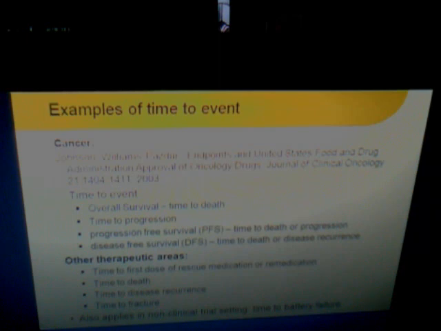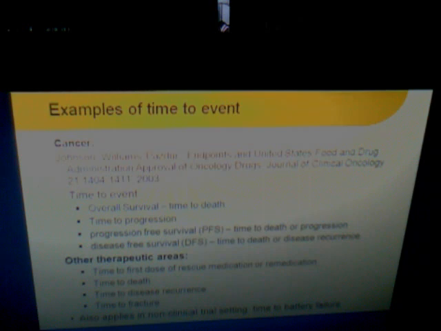So some of the endpoints that we're required to look at, the gold standard being overall survival or time to death, time to disease progression, progression-free survival, which includes the time to death or progression, whichever comes first. Disease-free survival is also used in cancers where the tumors can be removed surgically and the patient would be declared disease-free, and then they measure the time for disease recurrence.